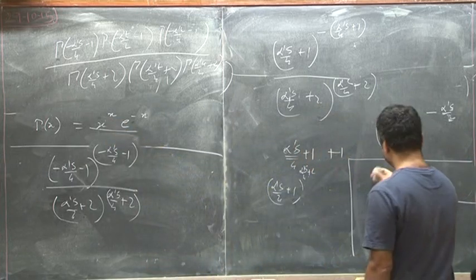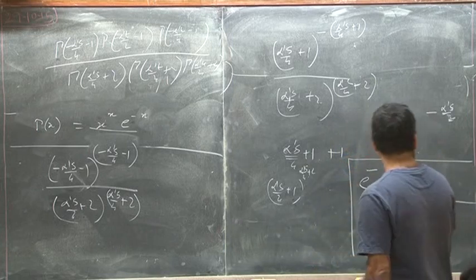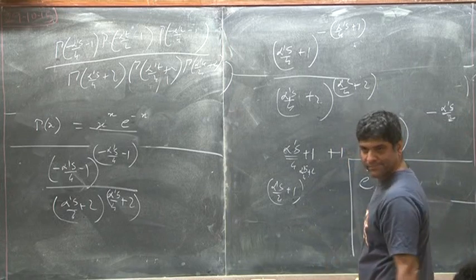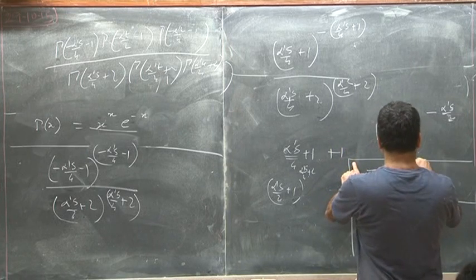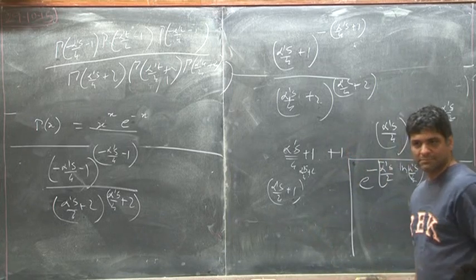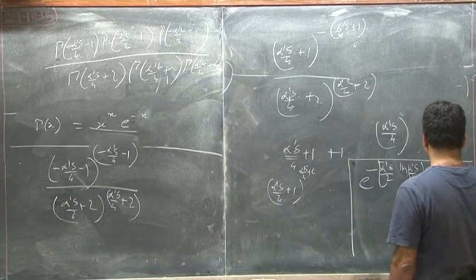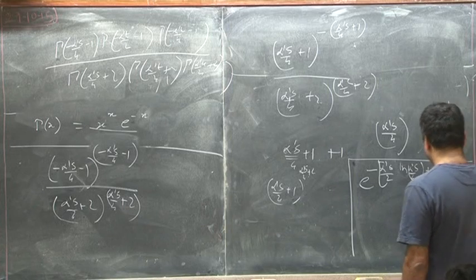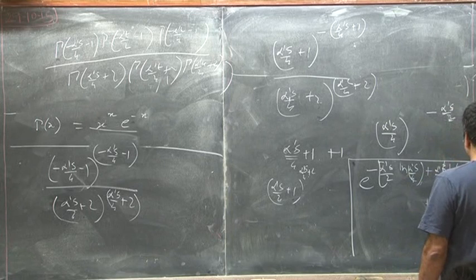So the answer then is e to the power minus alpha prime s by 2 log of alpha prime s by 4, plus alpha prime t by 2 log alpha prime t by 4, plus alpha prime u by 2 log alpha prime u by 4.